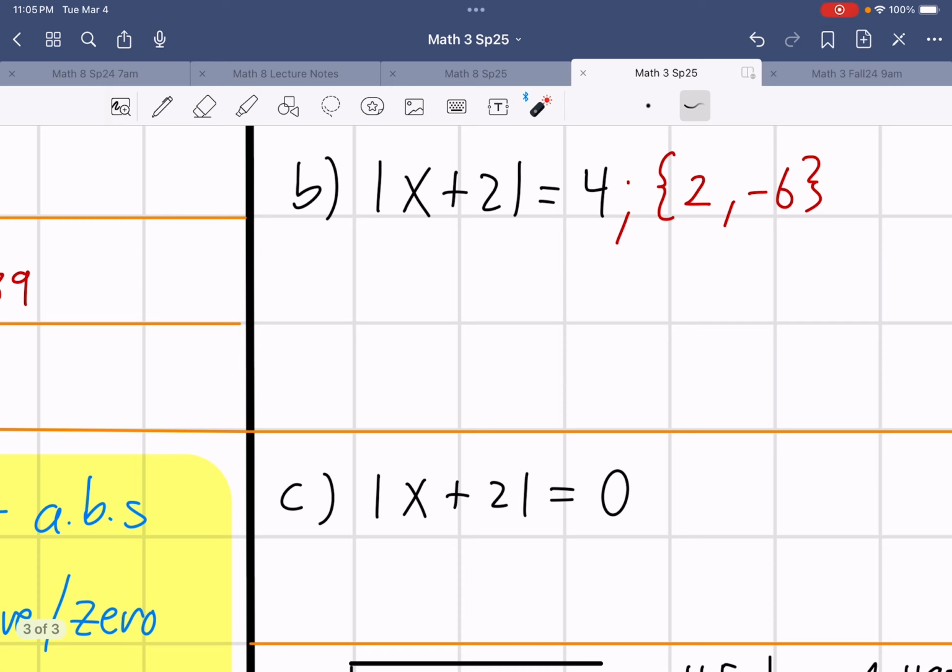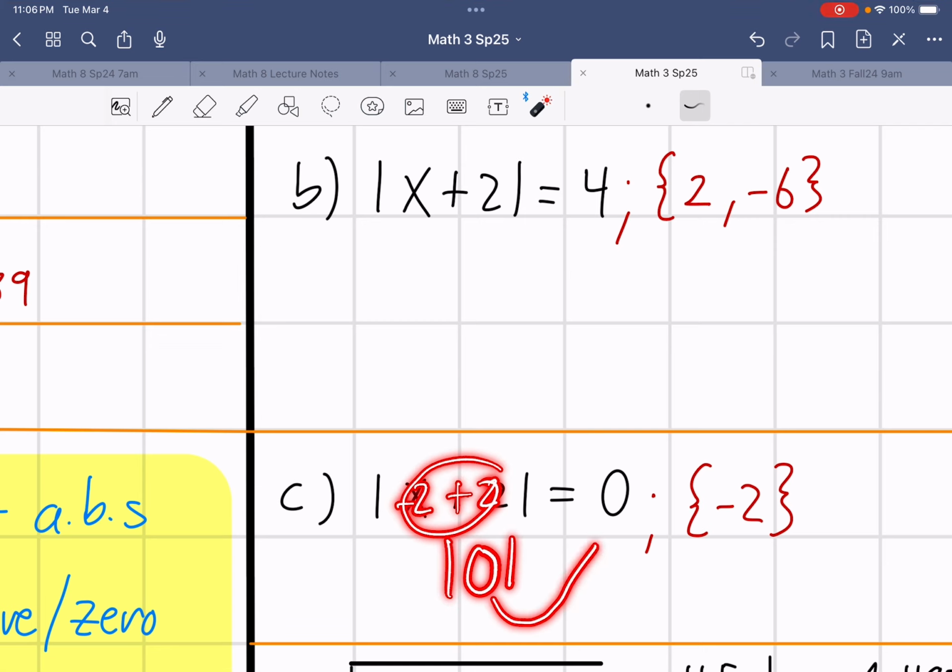Now for this problem, I know the only way to get 0 as an answer, I need to have 0 inside my absolute value. And the only way to get 0 from x plus 2 is that my x will need to be negative 2. Because I know negative 2 plus 2 will give me 0. And the absolute value of 0 is 0.